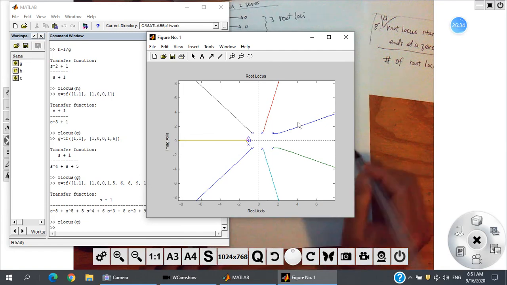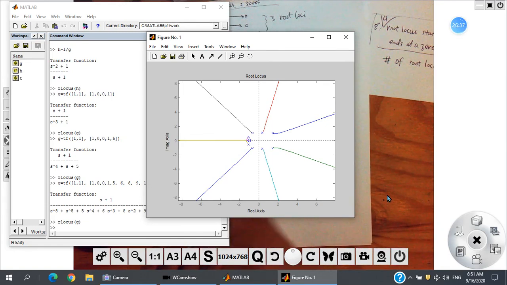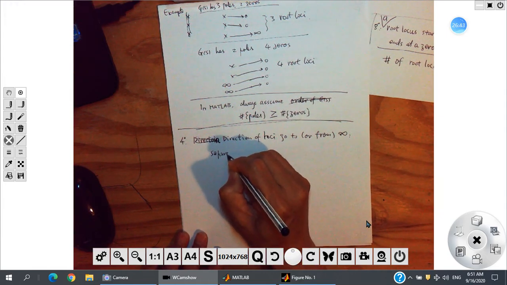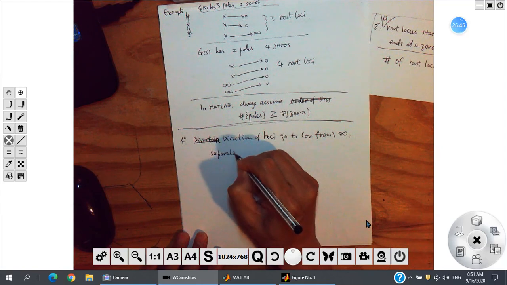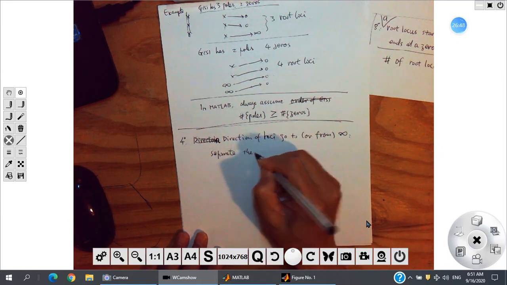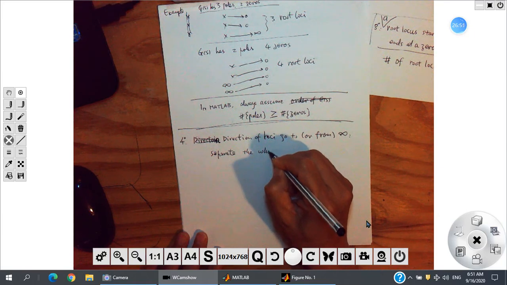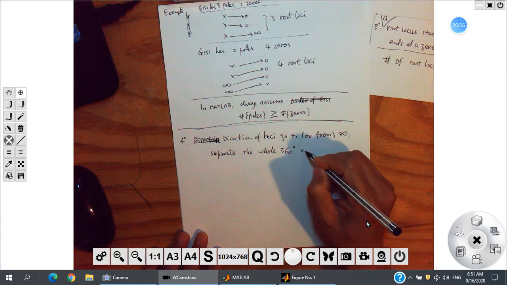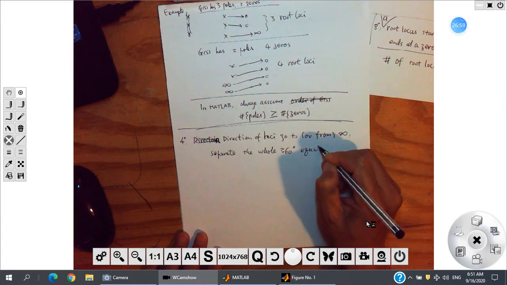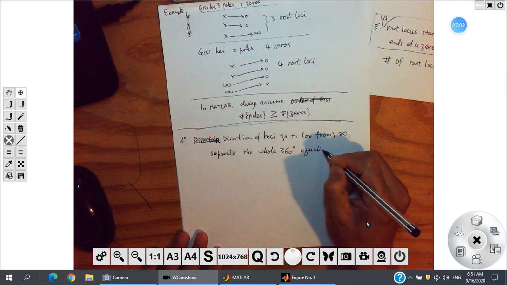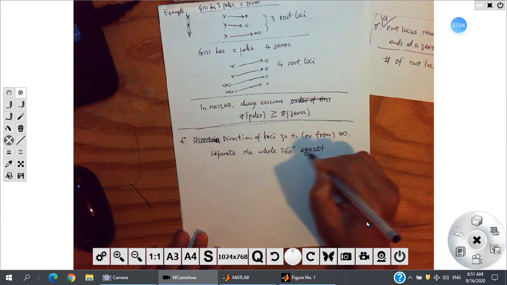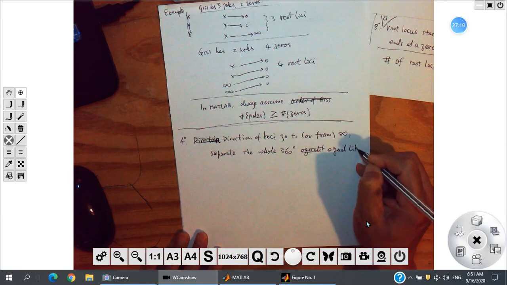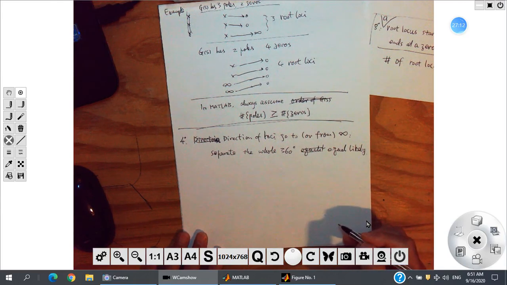The directions will separate the whole 360 degrees equally.